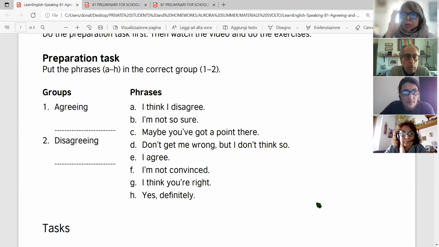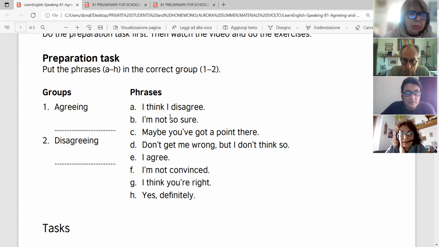Remember that the verb agree is not reflexive, it's just a normal verb. So I agree with you, but it's not like in Italian because we use the verb to be in Italian. It's like a reflexive verb. It's not in English, it's normal. Okay, so Anna, let's start.